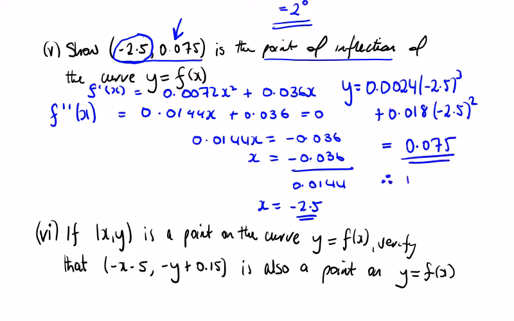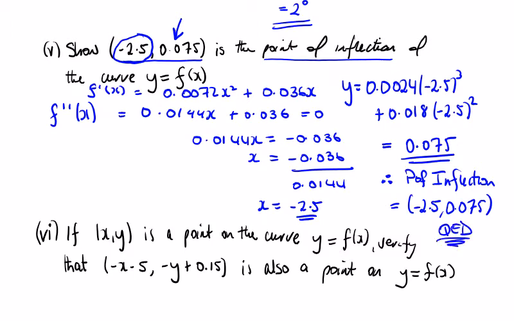So therefore, the point of inflection is equal to minus 2.5, 0.075, and that's quod erat demonstrandum.